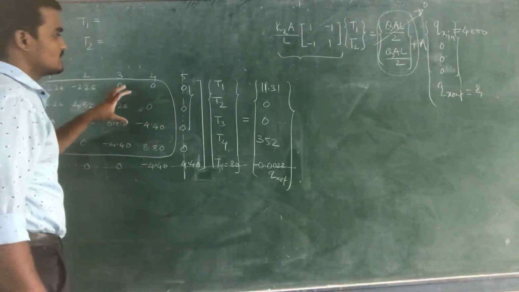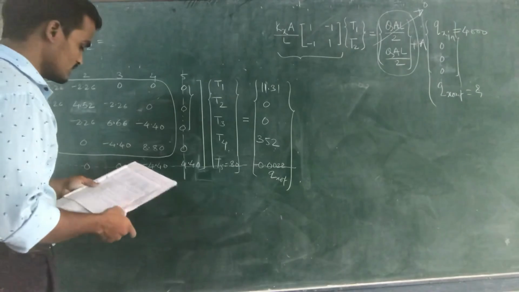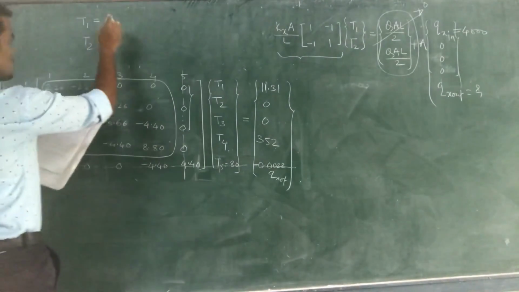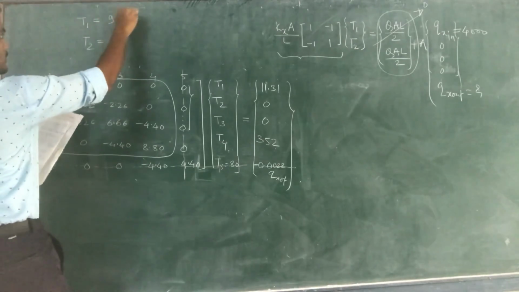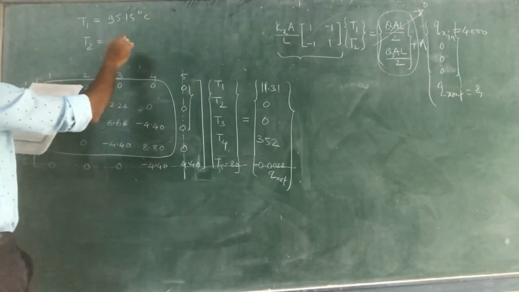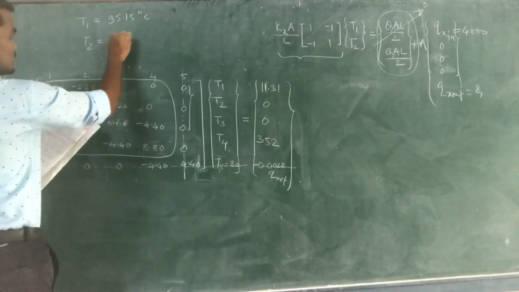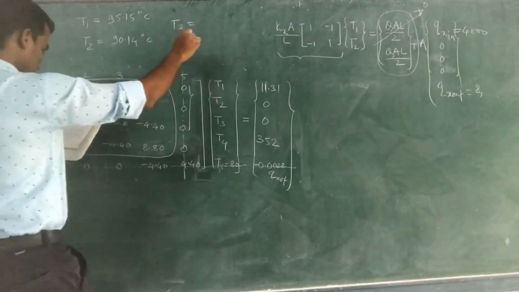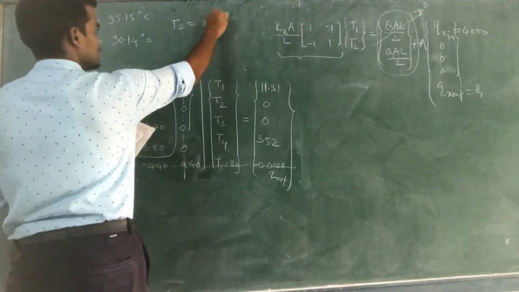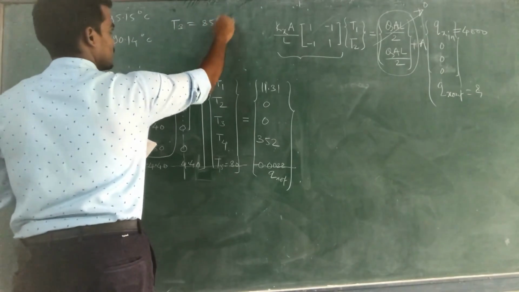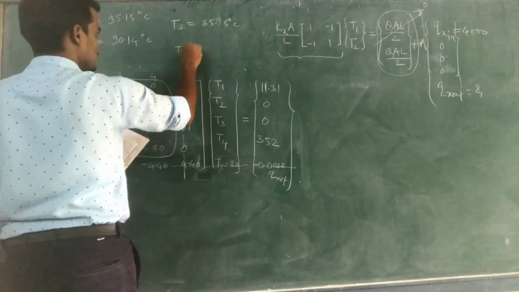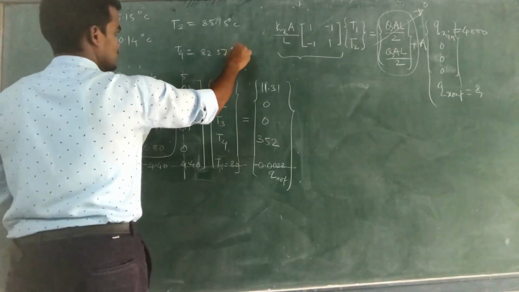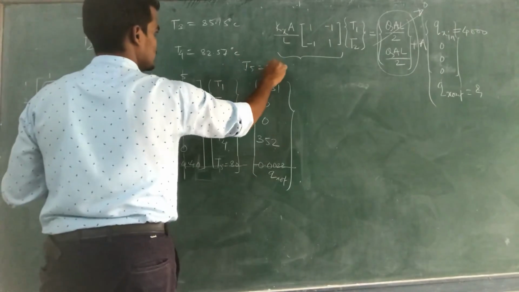If you take a 4x4 matrix calculation, then you will get T1 is equal to 95.50 degrees Celsius, T2 is equal to 90.40 degrees Celsius, T3 is equal to 85.15 degrees Celsius, and T4 is equal to 82.57 degrees Celsius, and T5 is 80 degrees Celsius.